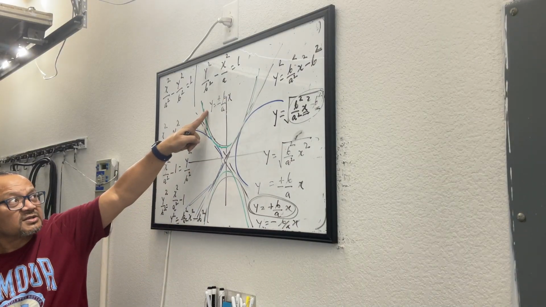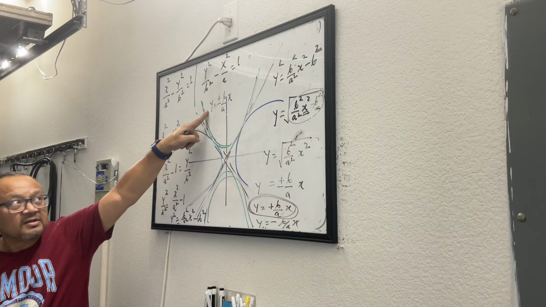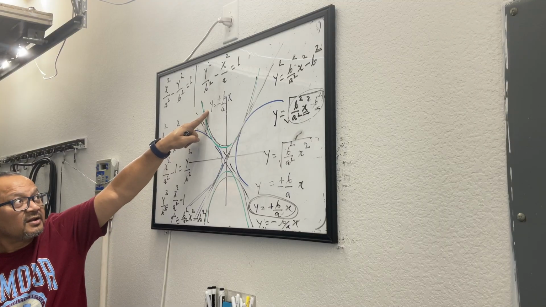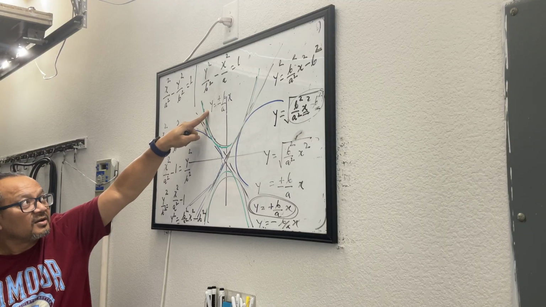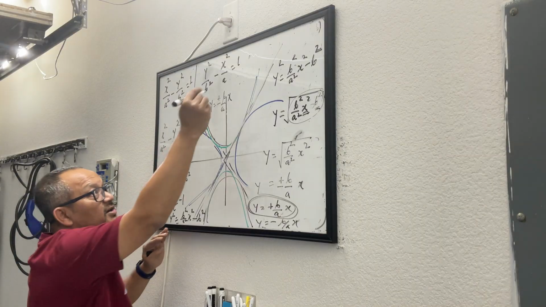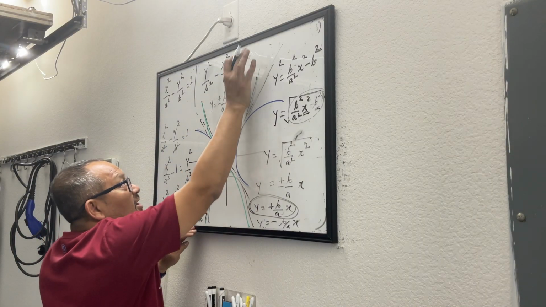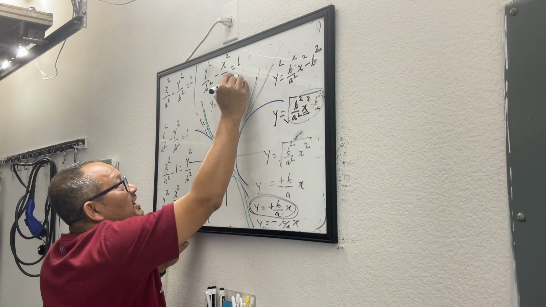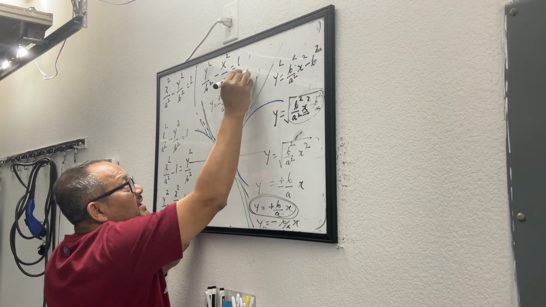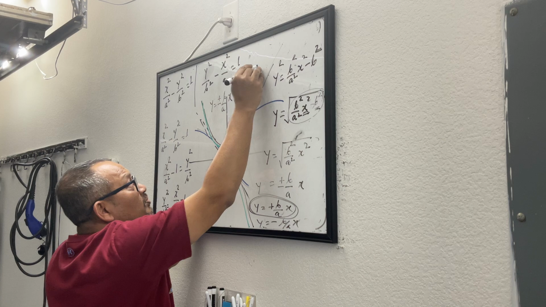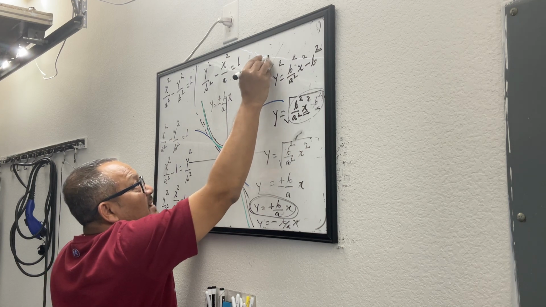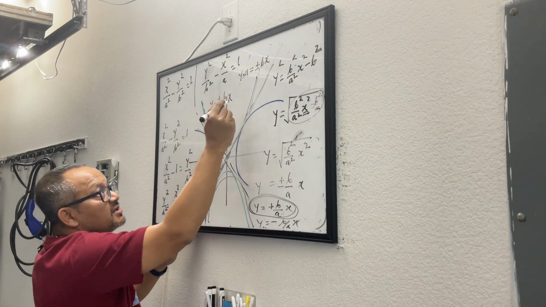What happens when, so here b over a, okay, so now let's look at it. So y times a equals plus and minus b times x. That's what you're seeing here.